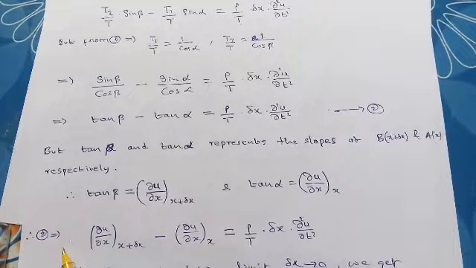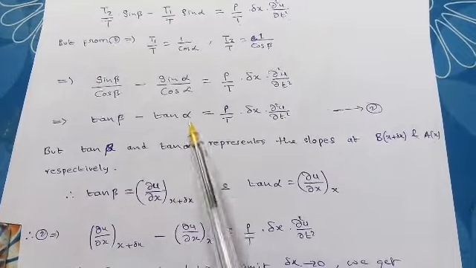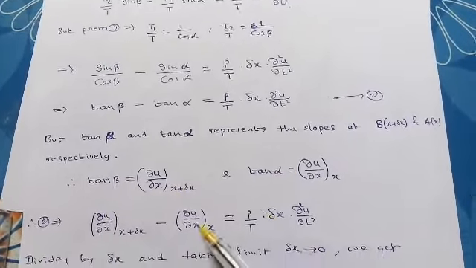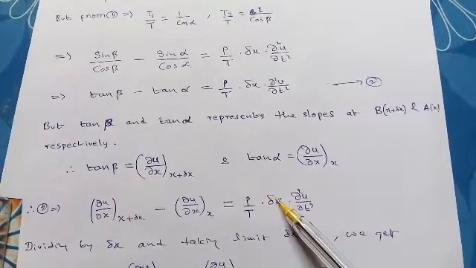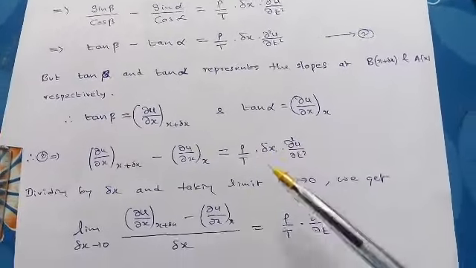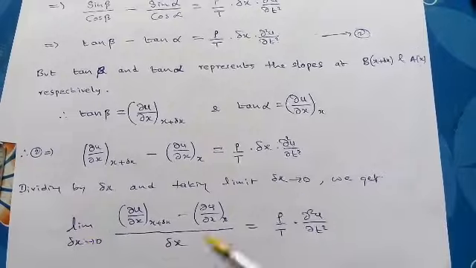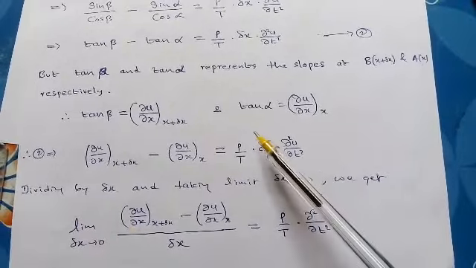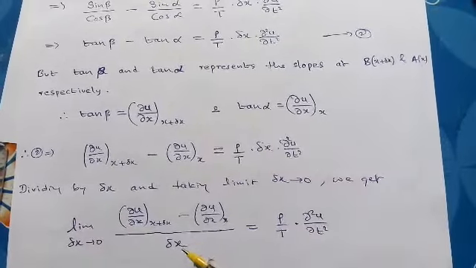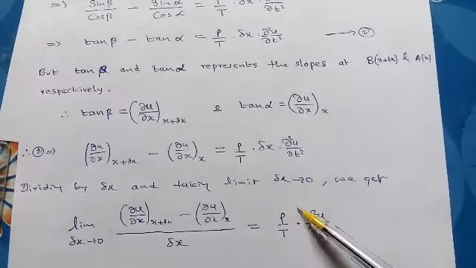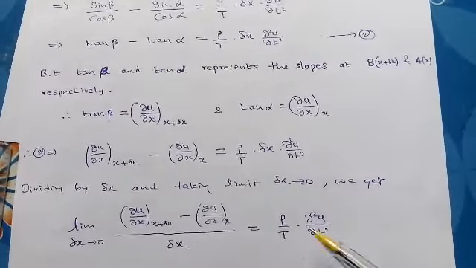So equation 2 becomes, in place of tan beta and tan alpha, substituting these two terms, and cross multiplying delta x to the LHS, taking the limit delta x tends to 0, equals rho by T dou square u by dou t square.